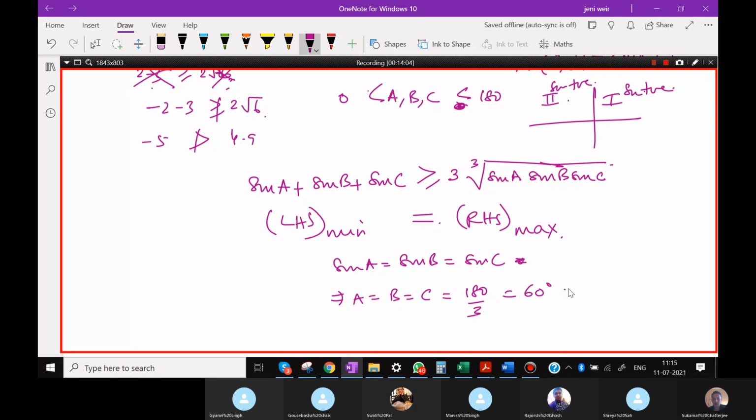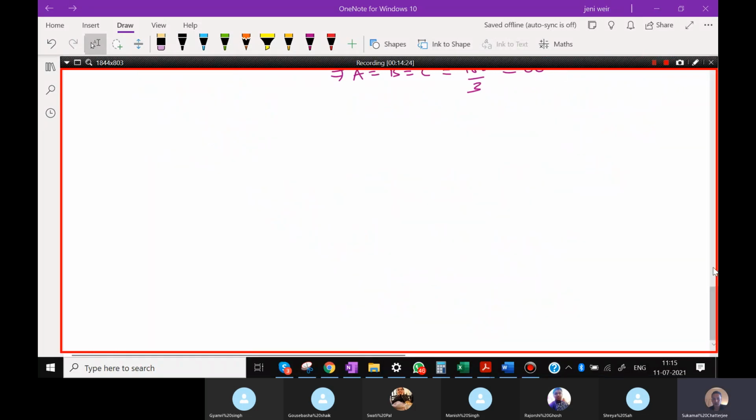So the value will be sine 60 plus sine 60 plus sine 60, which is 3 into root 3 by 2, which is 3 root 3 by 2.